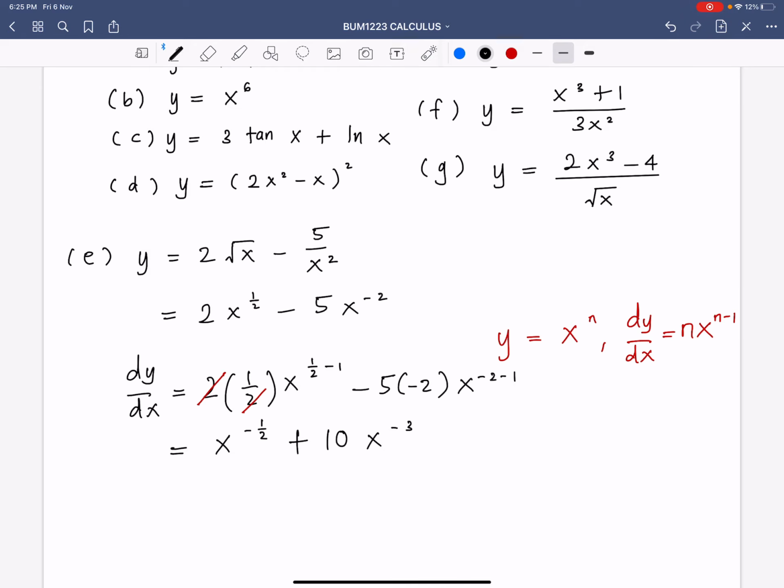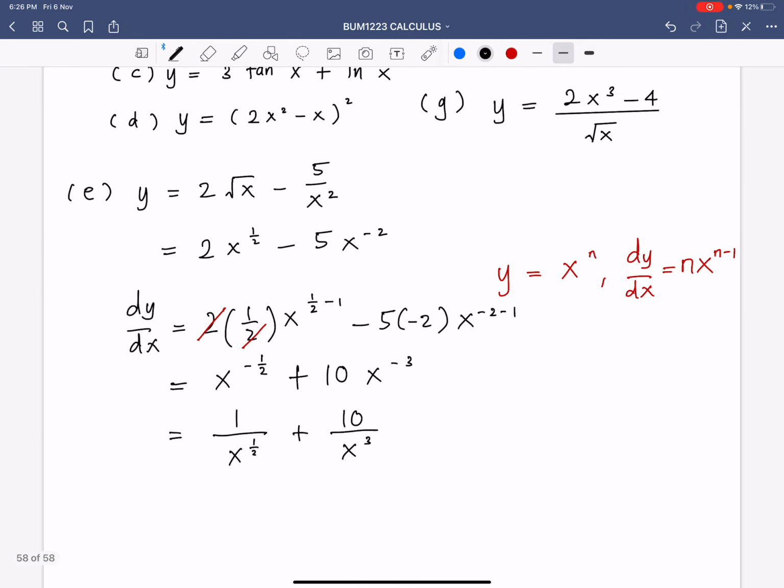Therefore, we will rewrite this as 1 over x power of 1 over 2 plus 10 over x cubed, where this can also be rewritten as 1 over root x plus 10 over x cubed.